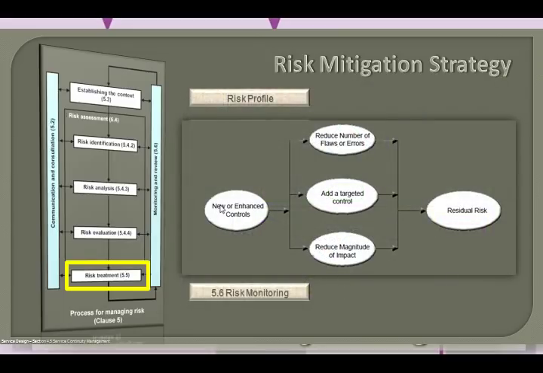Organizations can analyze the extent of the risk reduction generated by the new or enhanced controls in terms of the reduced threat likelihood or impact, the two parameters that define the mitigated level of risk to the organization's mission.